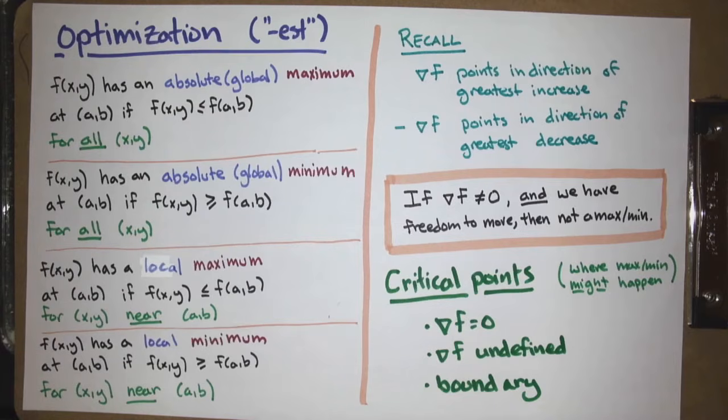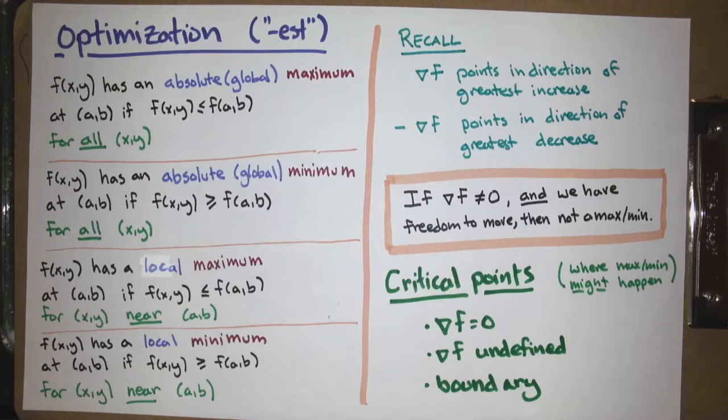If I'm at a point and there's a gradient that's not 0, and I want to get bigger, what should I do? I should follow the gradient. The gradient says you should go this way, so I go this way. And what's going to happen? I move up. If I'm at a point and I want to get smaller, what should I do? Go opposite the gradient. And I go down.